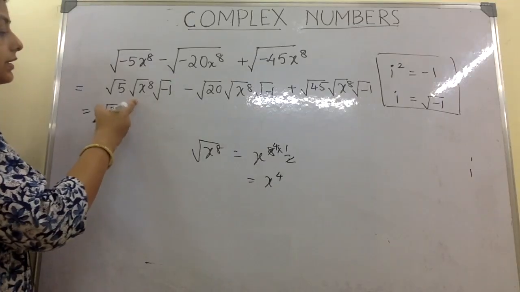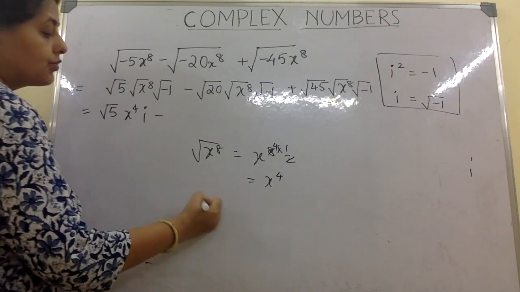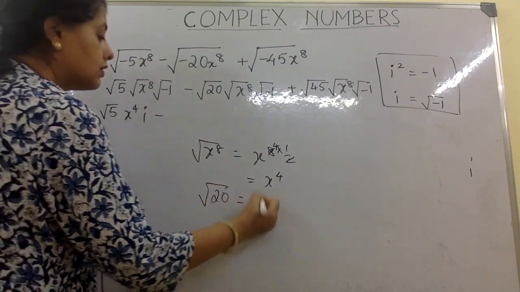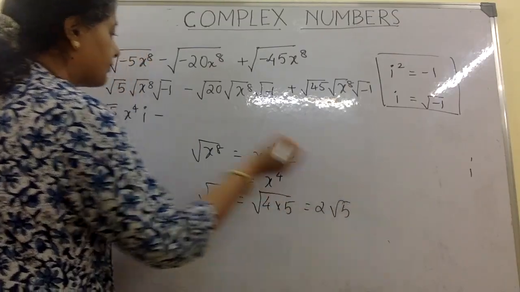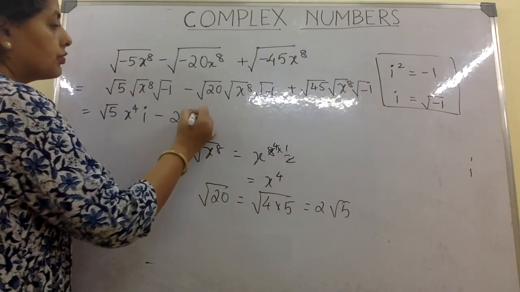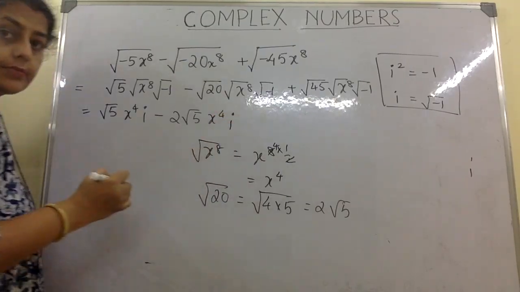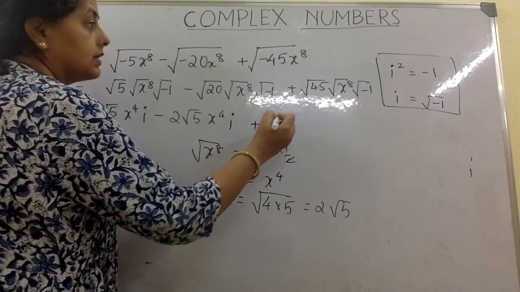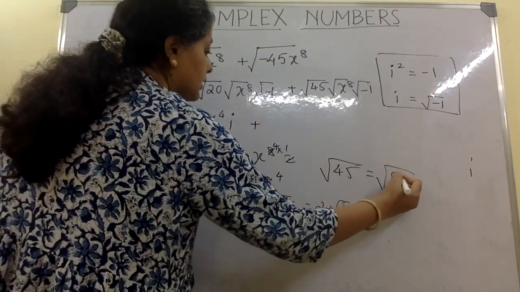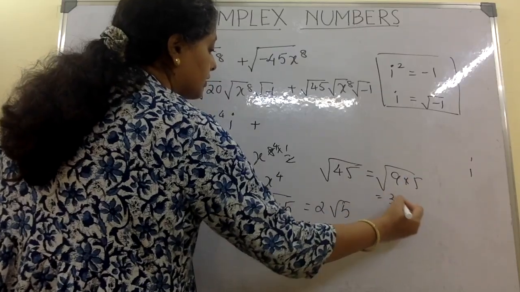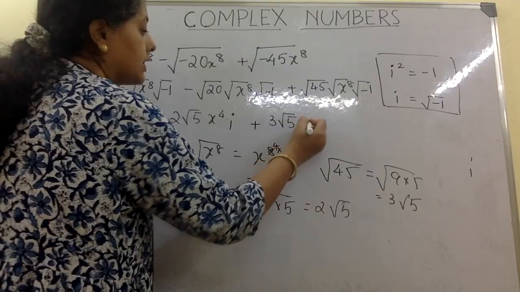So here I can write x to the power 4 i, minus, now root 20 is 4 into 5, which is 2 root 5, minus 2 root 5 x to the power 4 and i, okay, plus root 45 is 9 into 5, which is 3 root 5, so 3 root 5 x to the power 4 and i.